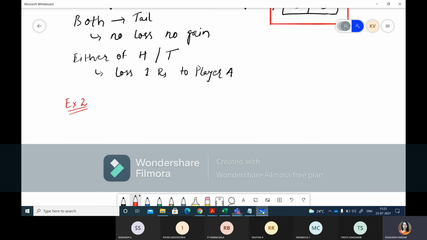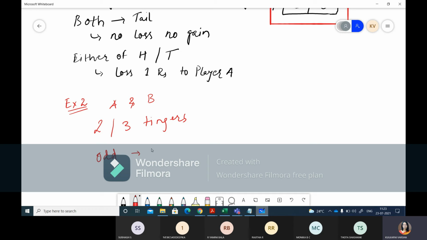It's as simple as that. There are two players, A and B, both playing the game with fingers, either two or three fingers. Whatever fingers they are showing, if the sum is odd, suppose one is showing two fingers and the other is showing three fingers, then the sum will be 5.